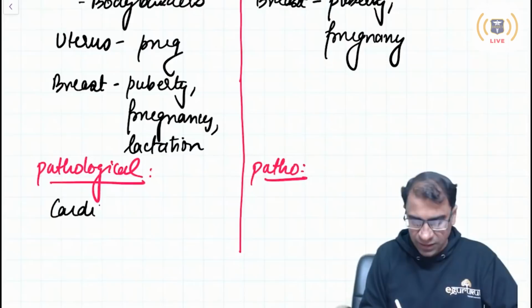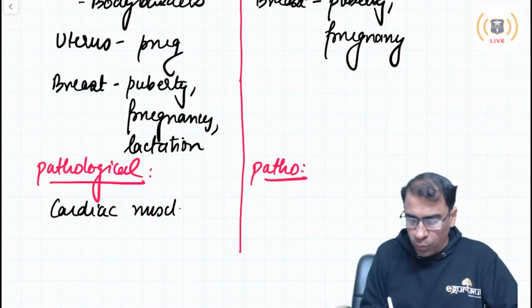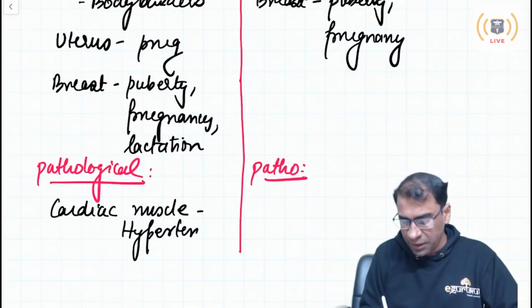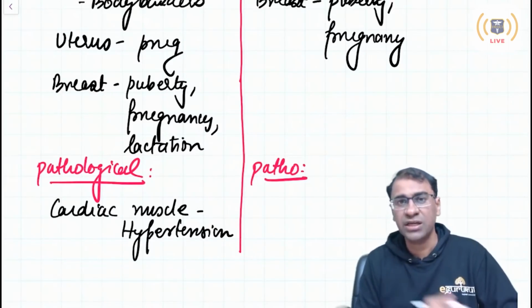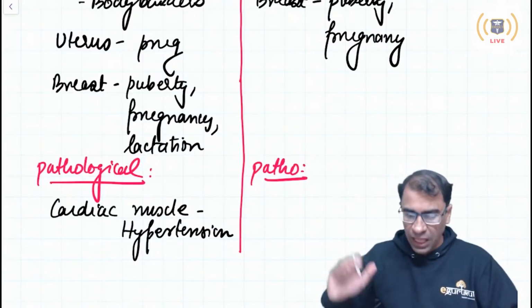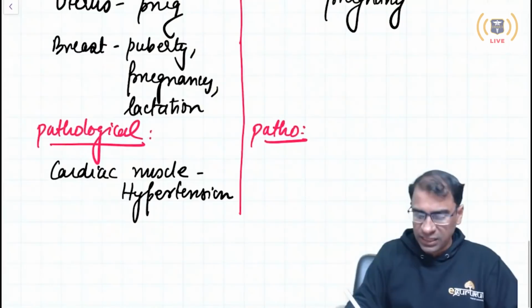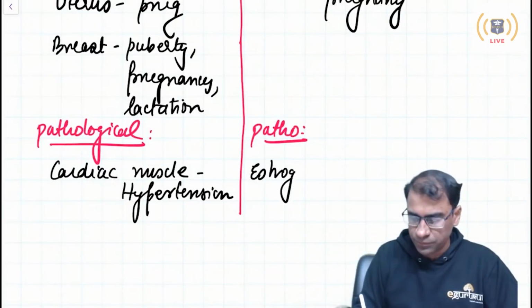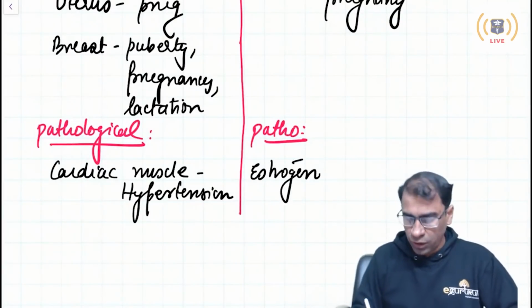A cardiac muscle can undergo hypertrophy due to hypertension. Because hypertension is a pathological change, this becomes a pathological hypertrophy.